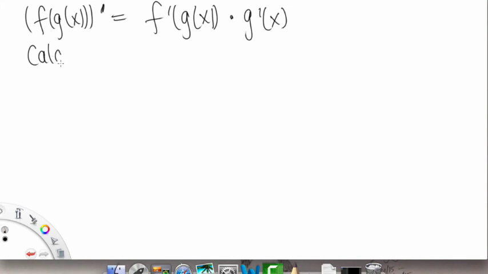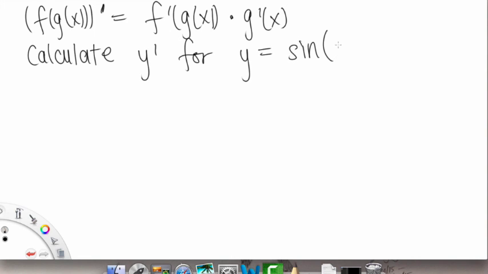Our problem is to calculate y prime for the given y equal to sine of, not x anymore, but x to the third power. Let's identify our outside function, f, and our inside function, g.